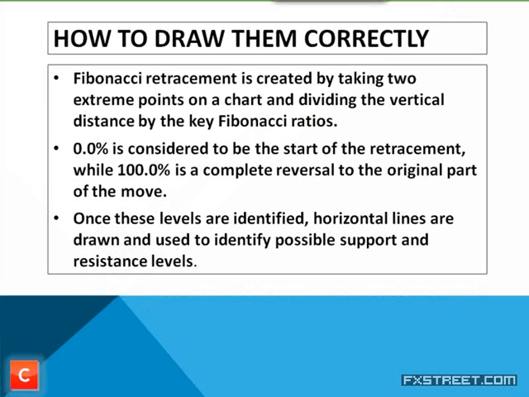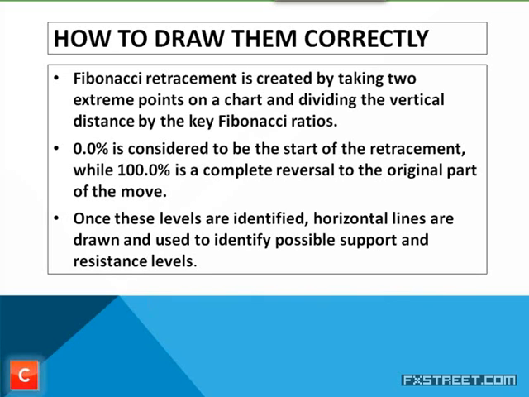This is how to draw Fibonacci retracements. The Fibonacci retracement is created by taking two levels on a bull or a bear move. Doesn't matter what time frame, just two levels where you can see that the trade actually starts to motor away.